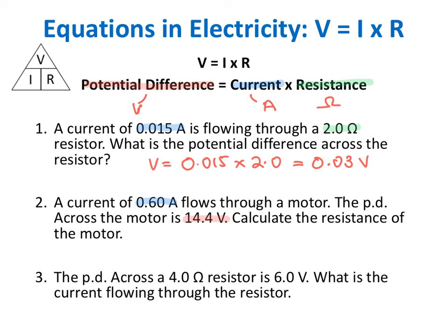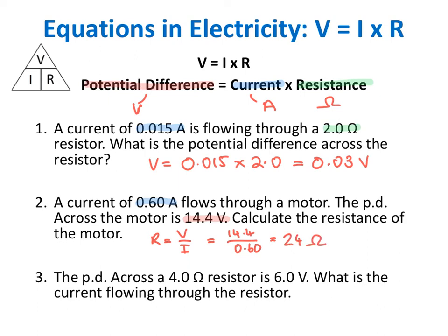So I could use my triangle, or I can rearrange the equation in my head, but whichever it is, resistance is going to equal V over I. All right, and then I know that V is 14.4, and I know that I is 0.60. And therefore the answer to this question is 24 ohms.